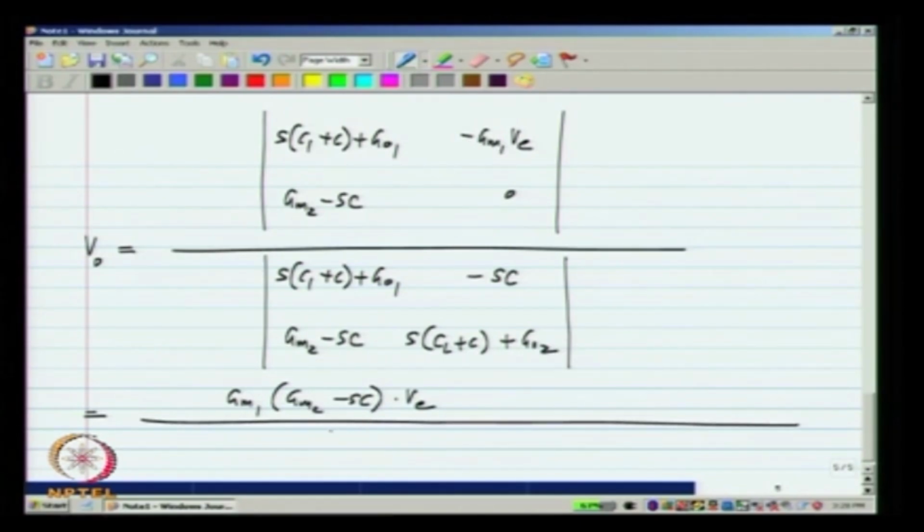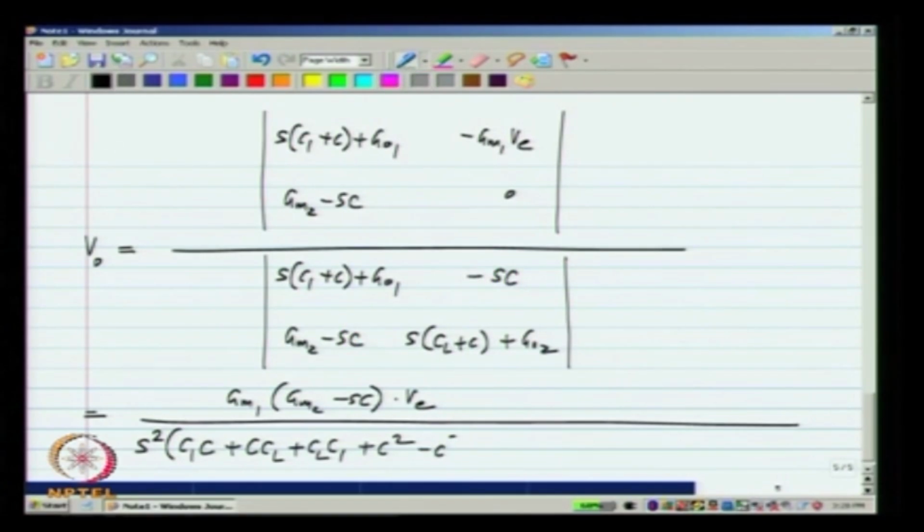and the determinant of the denominator is nothing but we will have a number of terms containing s square due to the product of this and that, and also due to the product of this and that. This much is due to the product of this one and that one, minus I will have s square times C square.